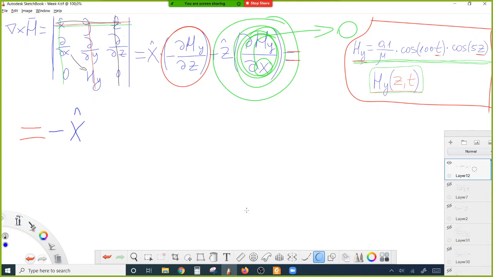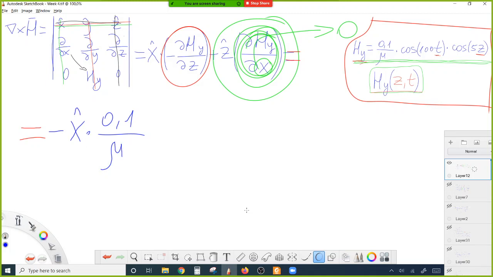Unit vector x remains unchanged, multiplied by 0.1 over mu, which is constant.